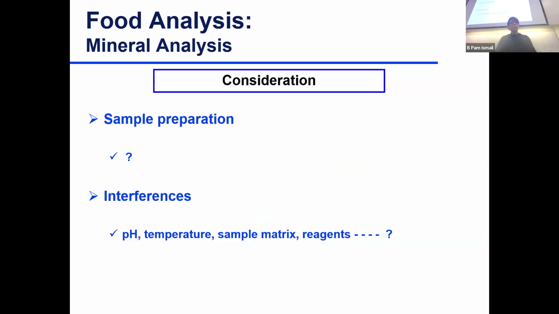So during sample preparation, there are several considerations. The most important consideration for sample preparation is what? You want to avoid what? Mineral loss, yes, but another one that you want to avoid, contamination.